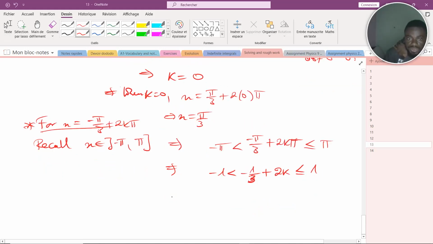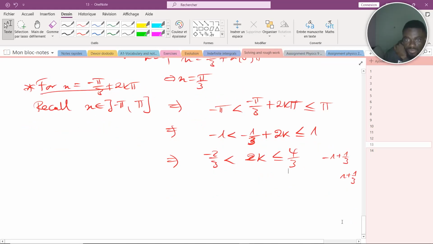Okay, perfect. This implies we're going to add 1/3 to each part. Minus 1 plus 1/3 will give me minus 2 on 3. And here, if I add 1/3, I have 2k less than or equals to 1 plus 1/3, which will give me 4 on 3.